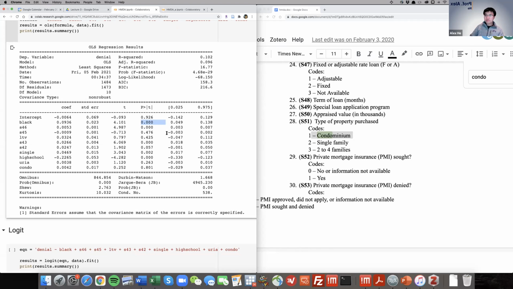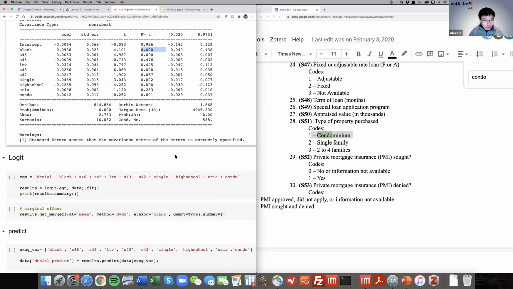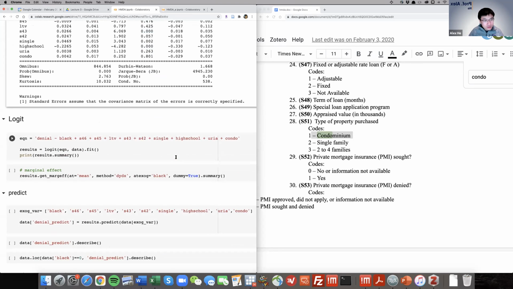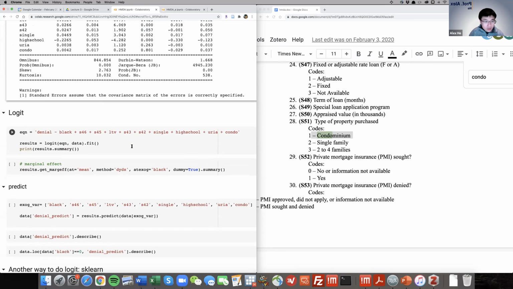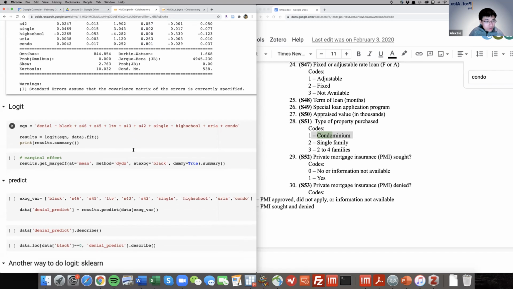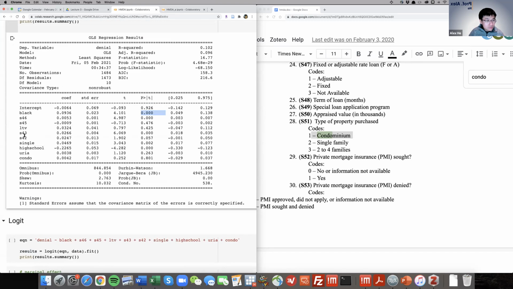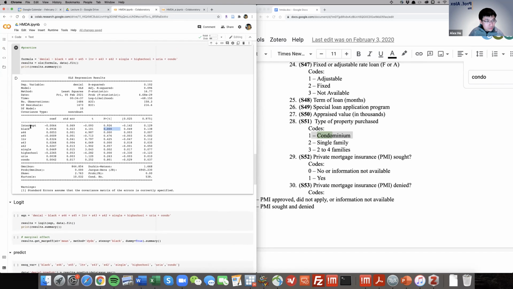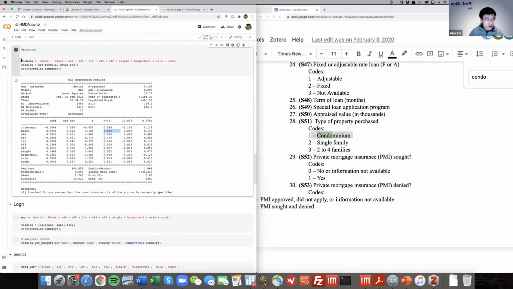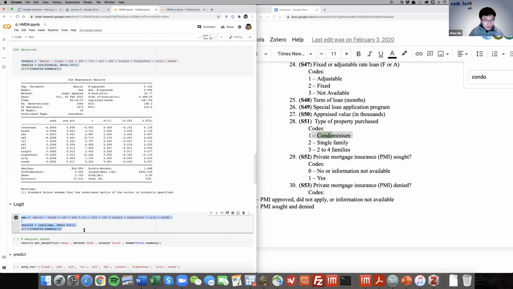But as we said on Tuesday, you cannot just run an OLS regression, because this is a nonlinear model. The right way to do that would be a logit model. The way to do logit is actually quite simple. If you compare this code and this code, it's basically the same.